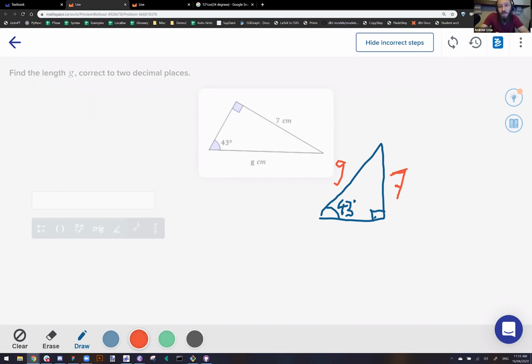It looks kind of like a 9, so I'm just going to make it a little bit more curly, like a G. Okay. So remembering our picture from before, G is that hypotenuse length. But what's this 7? Well, 7 is the sine, because it's the height one.